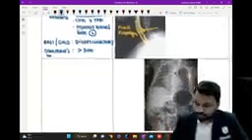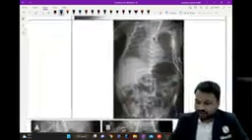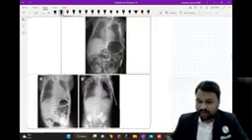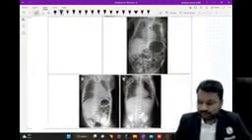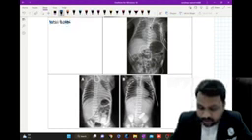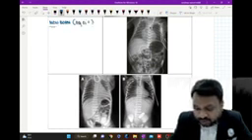Okay. Now, if I give you this X-ray, these are the 3 sets of X-ray that I will give you. This is a neonate, a newborn. So the data that I'll give you is a newborn, right? This is probably taken on day 0 or day 1 of life.